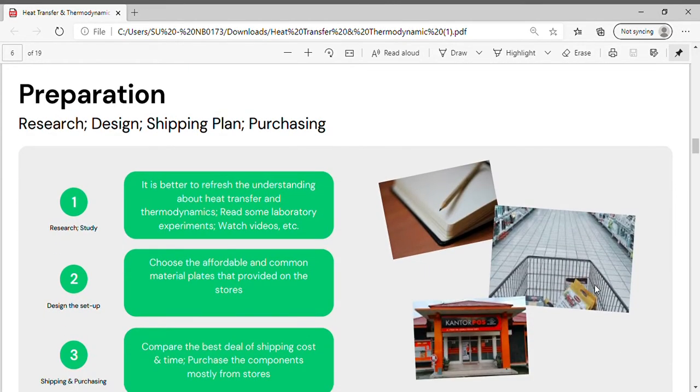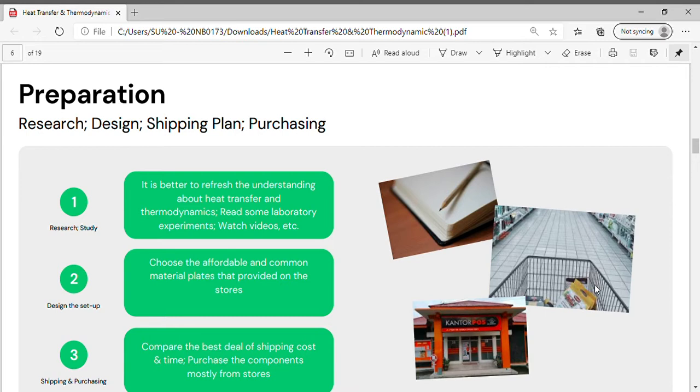So before the experiments, I did preparations and I divided them into 3 steps. The first one, I did research and study. I read some laboratory experiments and watched some videos about the setup.